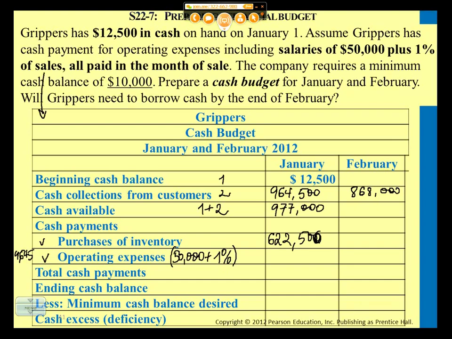So the sales number is, okay. So some of it was on cash, some of it was not, but it was all collected. So let's calculate 1% of 1,530,000.